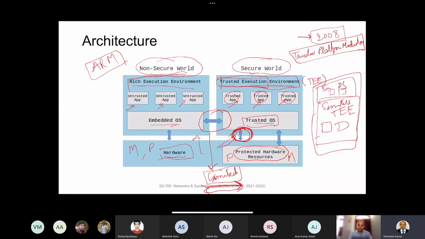So probably it will not have any write. Typically you will not give write access, but you will always give it read access to this hardware environment, where you could read whatever information is stored in the hardware. So that is also available. That link is also utilized for that purpose.